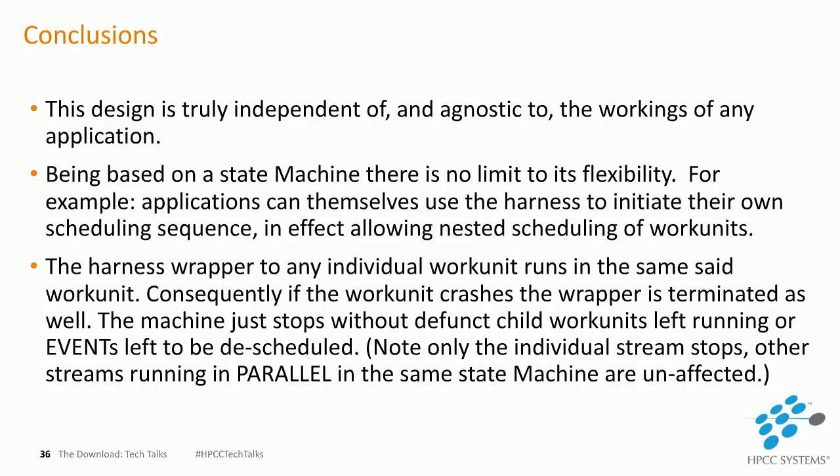It runs in the same work unit. So if a work unit crashes, the wrapper, the harness, is terminated as well. The machine just stops without child work units being left lying around, or without events being descheduled. The whole thing cleans itself up, just because the harness is actually part of the work unit.